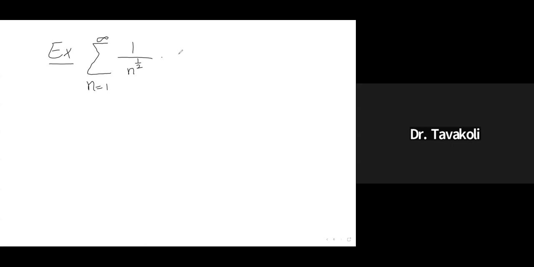Use the integral test and determine whether this series is convergent or divergent. So what function would you consider for this series to integrate? f of x is 1 over x to the power of 1 half, or 1 over radical x.